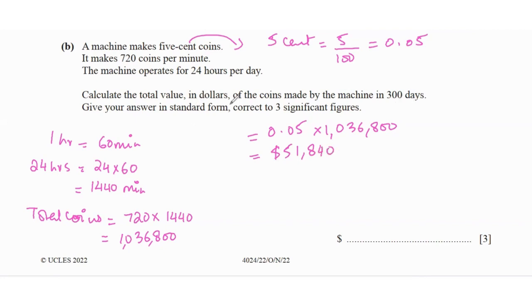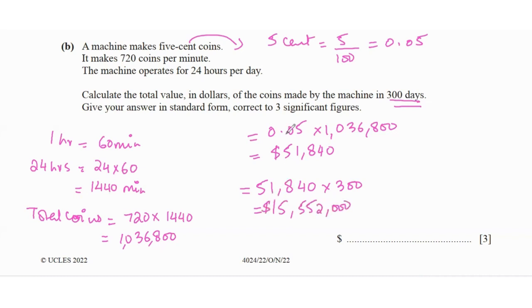Now, the question also says that we have to find the total value of coins in dollars made by the machine in 300 days. So for 300 days, we will multiply this entire value by 300, which is this in dollars.